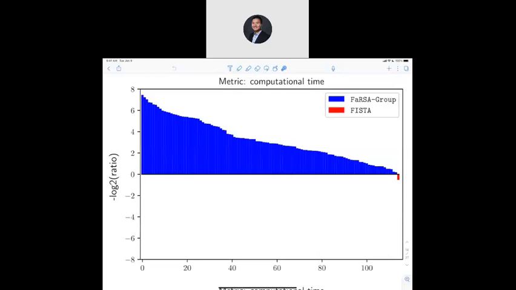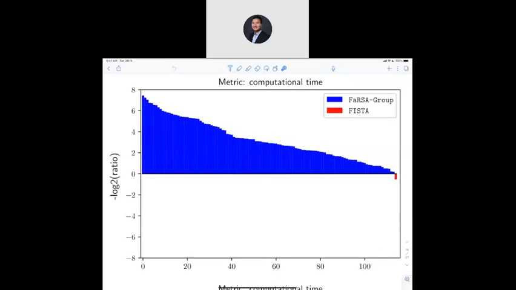For this particular graph, we're looking at computational time. A blue bar, one pointing upwards, means that our proposed algorithm did better on that test problem in terms of computational time. If you have a downward pointing bar, then the competing algorithm, in this case FISTA, did better than us.